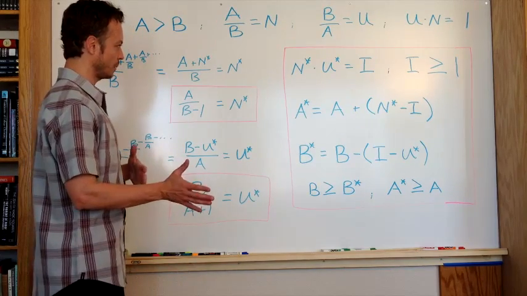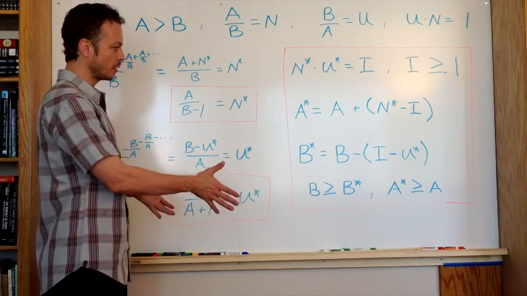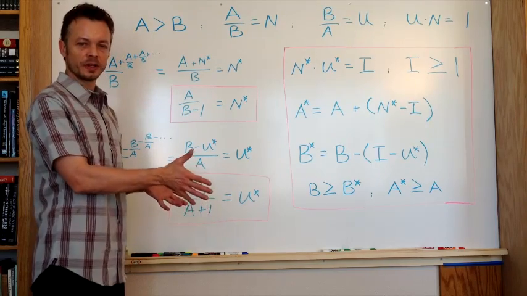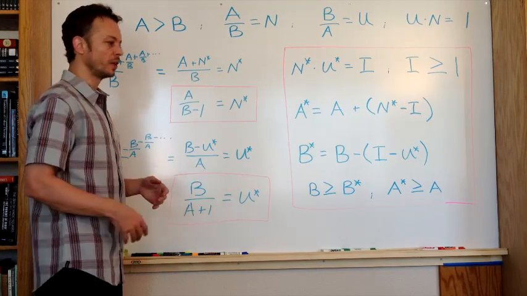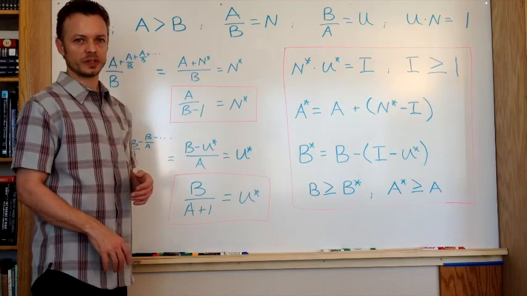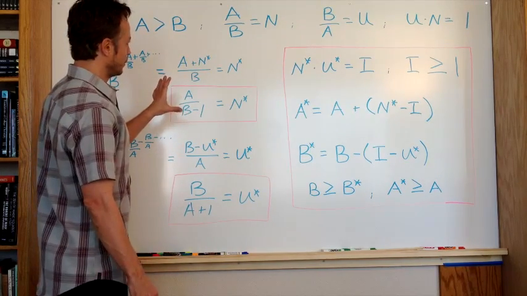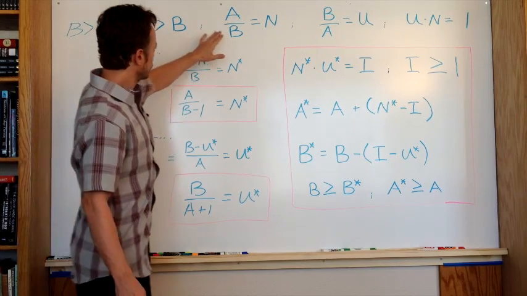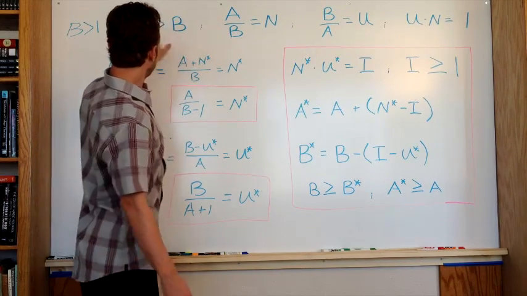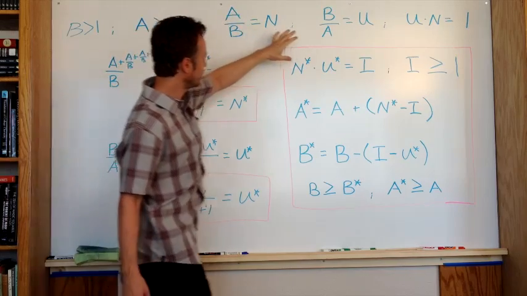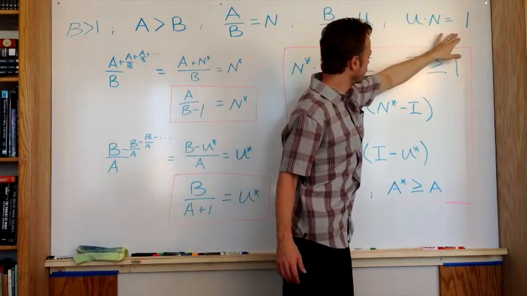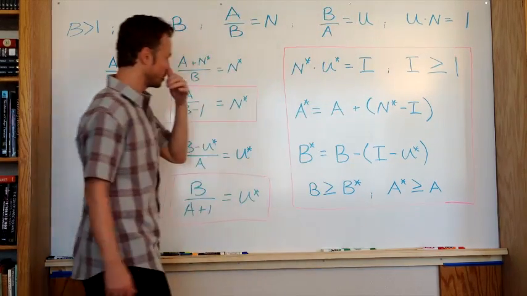This is an interactionism-based model, similar to Gottfried Leibniz's view as opposed to Isaac Newton's absolute space model. So we start off by making the distinction of A being greater than B, A over B, B over A, showing them having a reciprocal relationship.